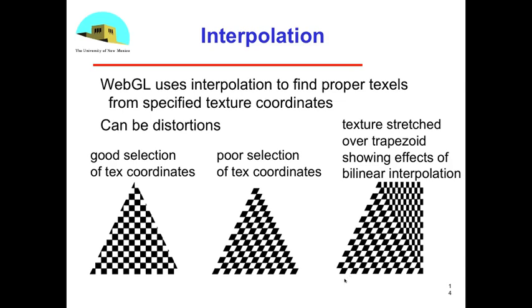So here I've assigned texture coordinates to the four corners of a quad, but because the hardware has broken up that trapezoid into two triangles, the texture coordinates get interpolated separately over these two triangles, and I get this bizarreness of how the texture is mapped.